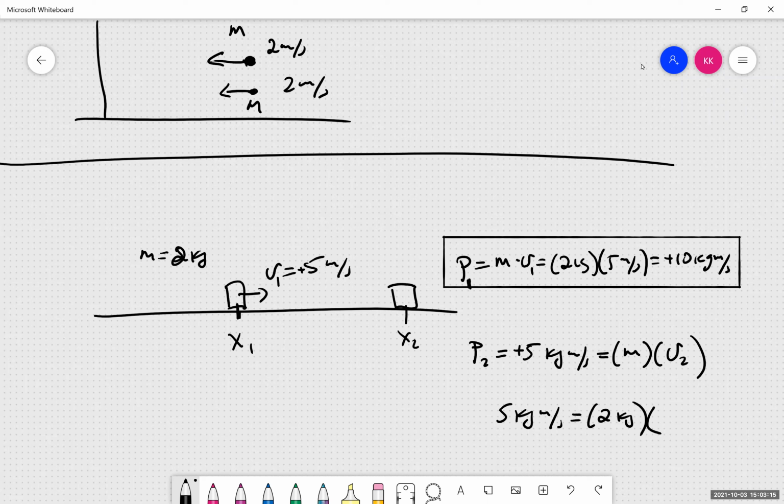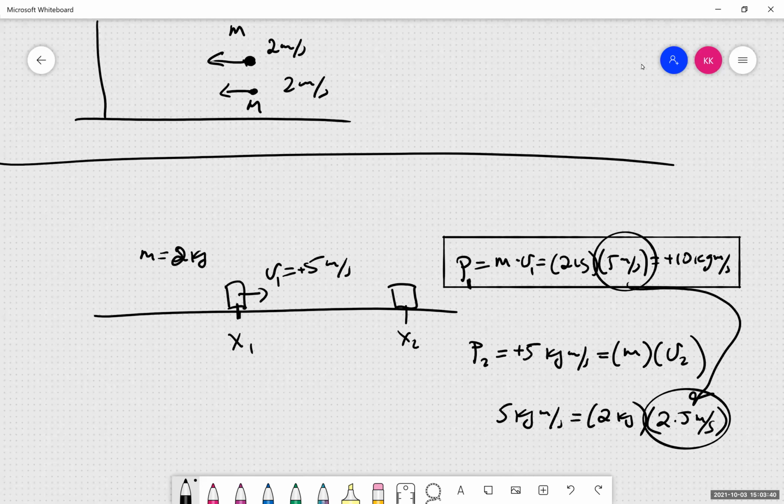So in this particular case, if speed is 2.5 meter per second, then it will match 5 kilogram meter per second. That means we had the speed going down from 5 meter per second to 2.5 meter per second. An object has a lower momentum because its speed is less than before. That means what happens here between x1 and x2, the object is basically slowing down.